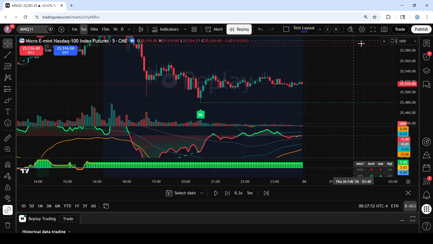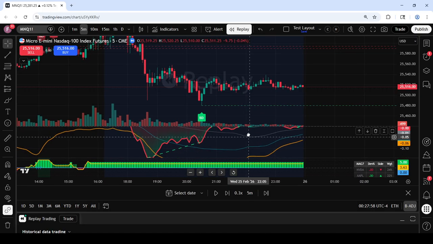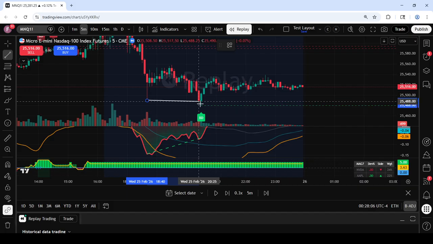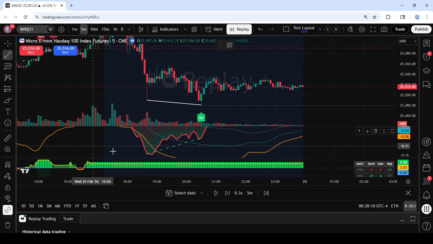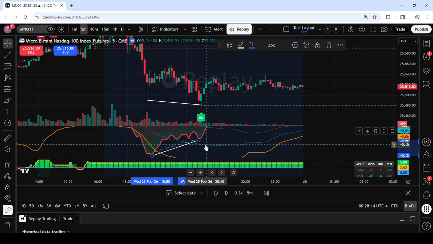Now, when you look backwards, you can see right here, you got those on NQ, but the market making higher highs, bullish divergence forms.